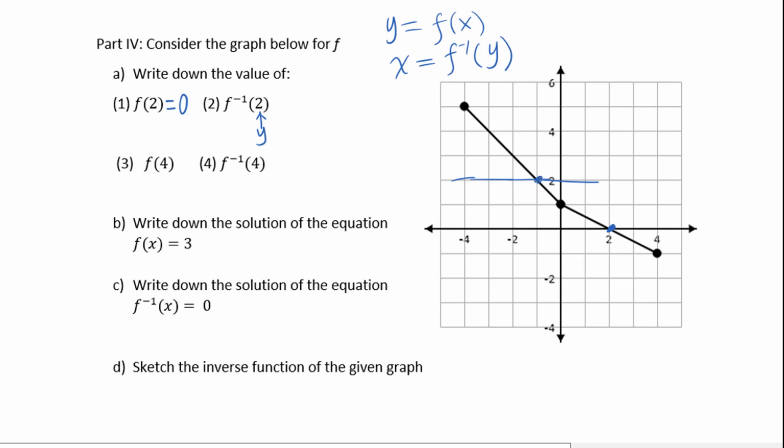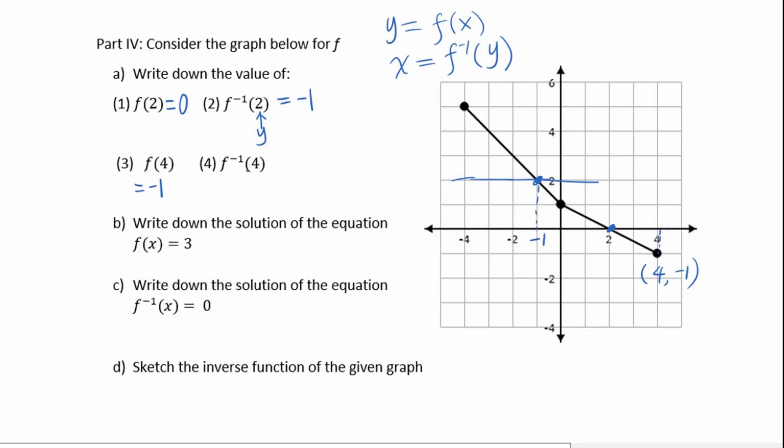Then the x coordinate of this intersection will be the solution. This is -1, so equals -1. F of 4, find the 4 for x. Y coordinate is a -1.